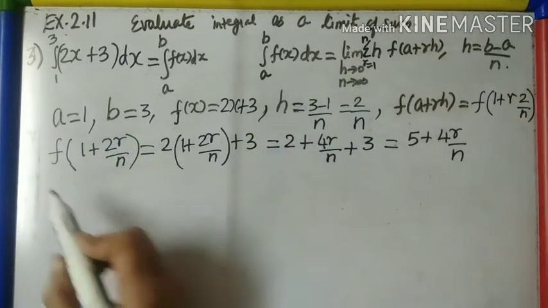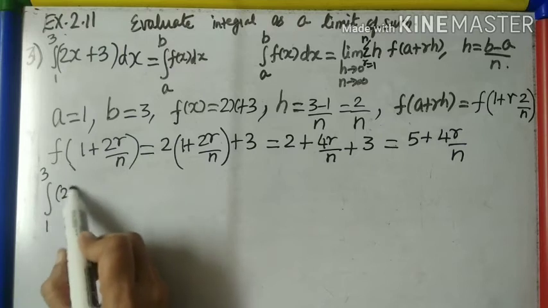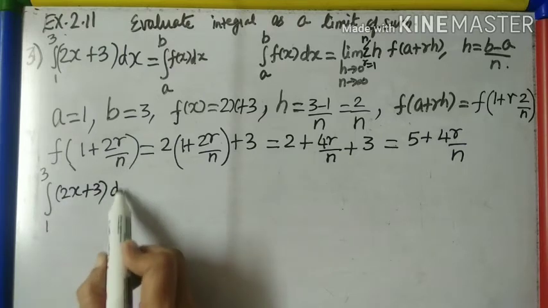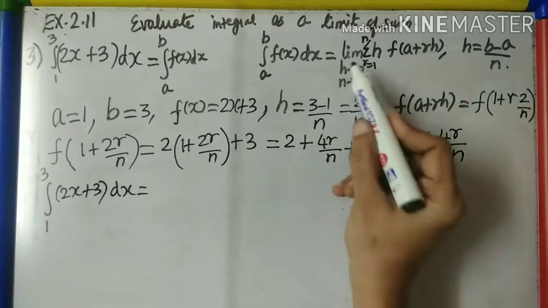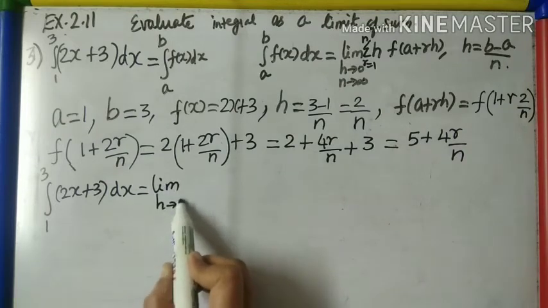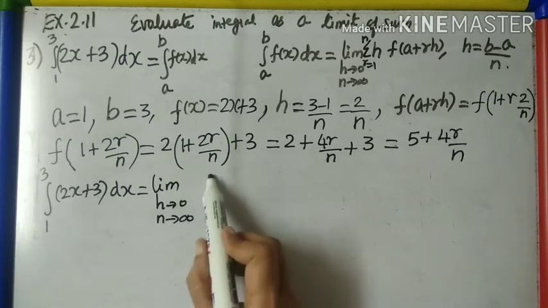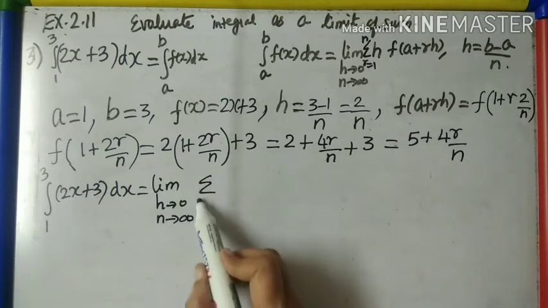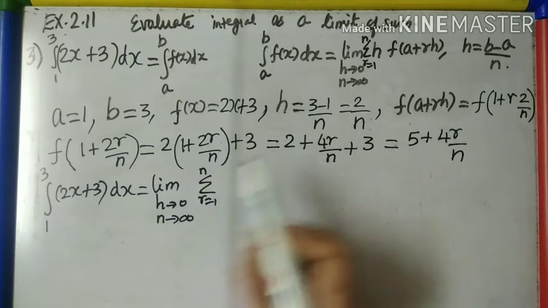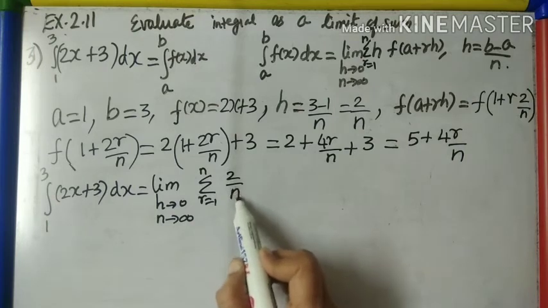Now putting it in the formula, integral 1 to 3 of (2x plus 3) dx is equal to the formula limit h tends to 0, n tends to infinity, sigma h into, r ranges from 1 to n, h. What is h value? 2 by n.